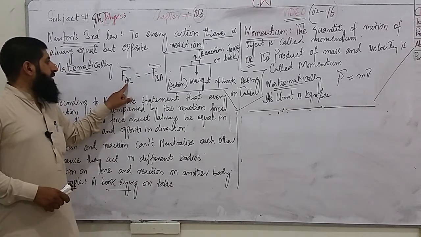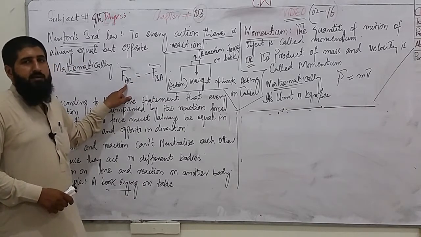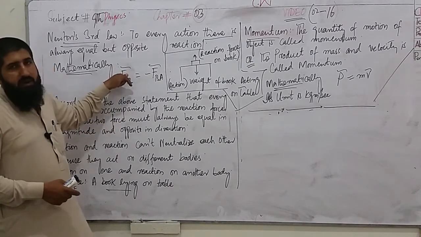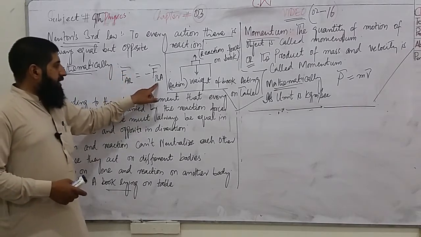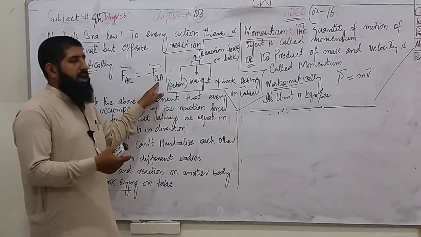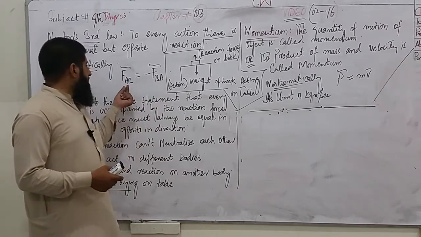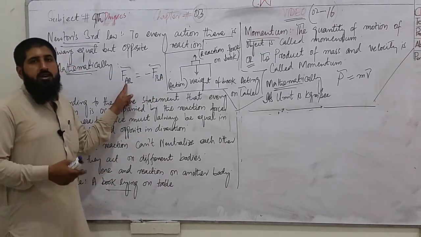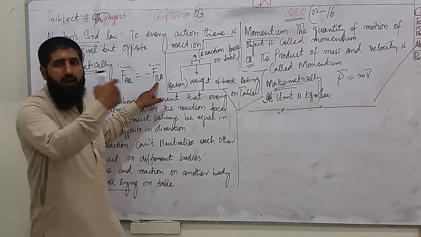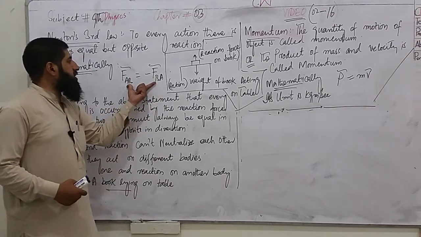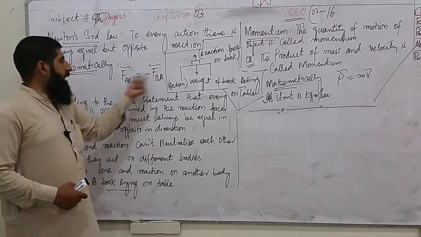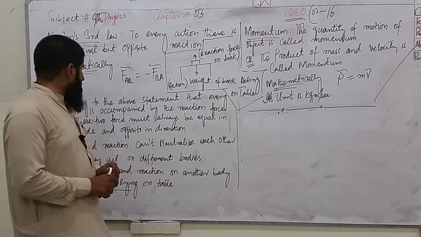F_AB represents the force applied by A on object B, and F_BA represents the force acted by B on A. Both are equal in magnitude, but they have opposite direction. The negative sign represents that they act in opposite directions.